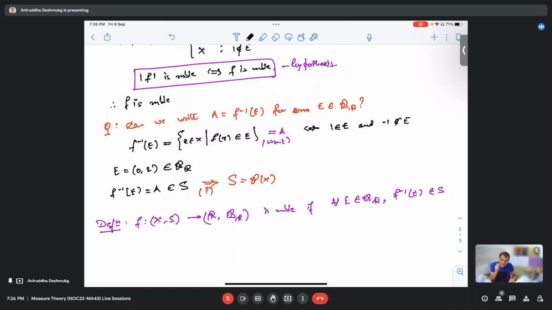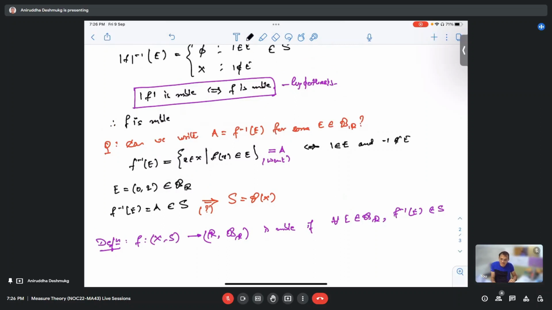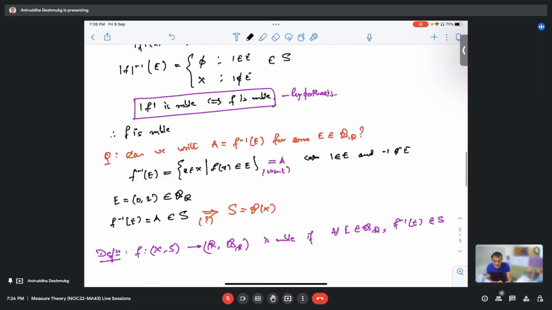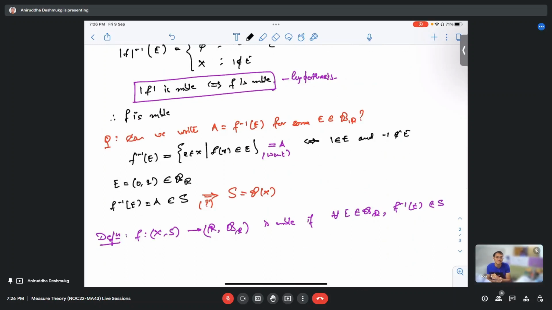So once we have proved that f is measurable, this f inverse E must be inside the sigma algebra S, right? So we have not proved that the pre-image of every Borel set is in the sigma algebra. We have proved that you start with any subset of X, that subset is inside the sigma algebra. So now does this imply that S is equal to the power set of X?